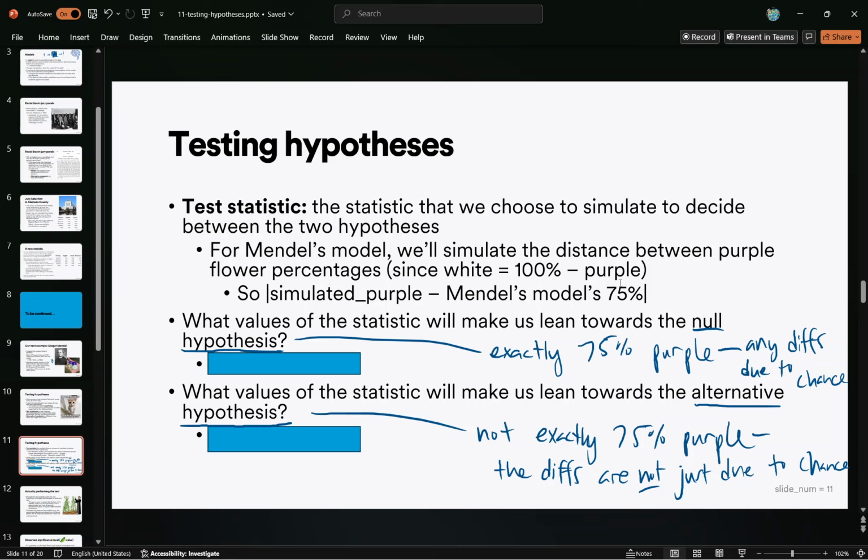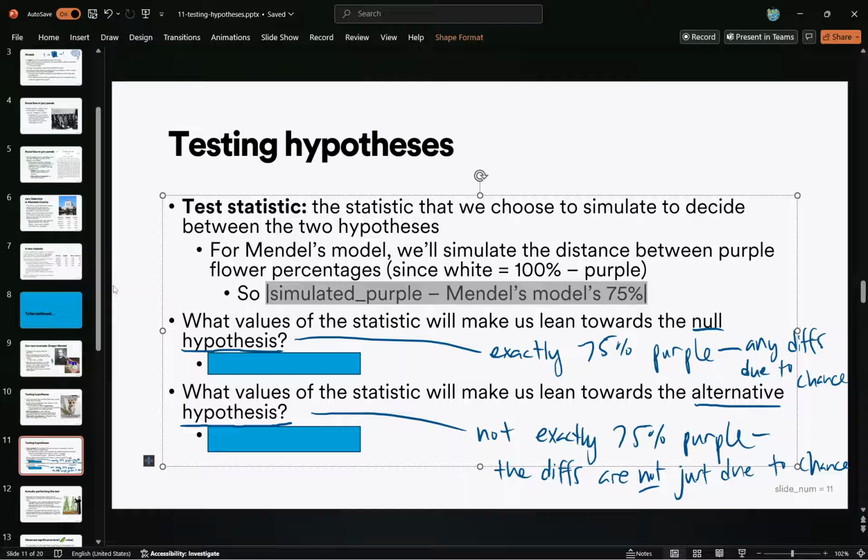So what will that do to this value if our simulations are very close to 75%? What will it look like? Just numerically. This will be really close to 75, and that's always the number 75. What's 75 minus 75? 0, right?